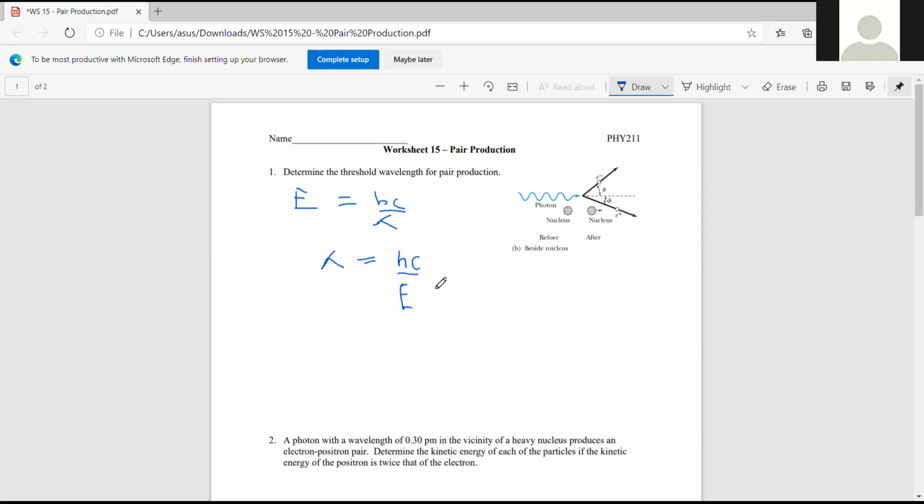And that's why I think you canceled one of the speeds of light when you were talking just a second ago, right? But I guess you don't even have to. I would just leave hc as 1240, right? Okay. 1240 eV nanometers and divide by 2 times 0.511 MeV. I'll let you go. You guys got it.